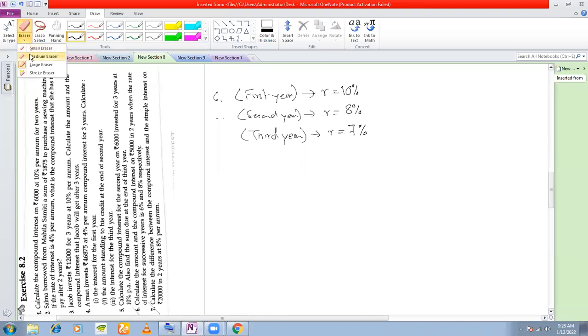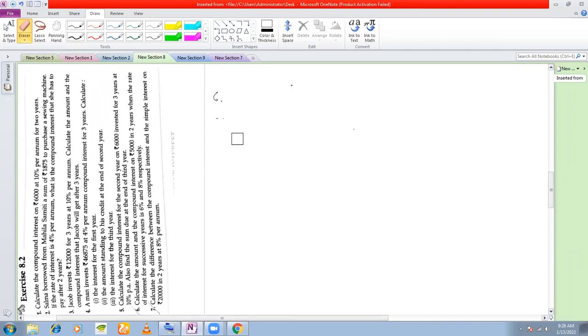Then in this case, again, we'll be calculating yearly. So this is one such problem in which the rate is different for each year. Okay. So let's calculate for the first year. If you see, you have to calculate the amount and the compound interest.